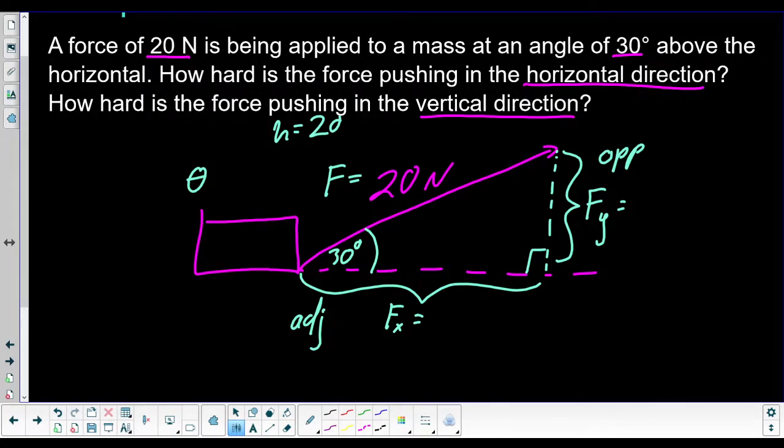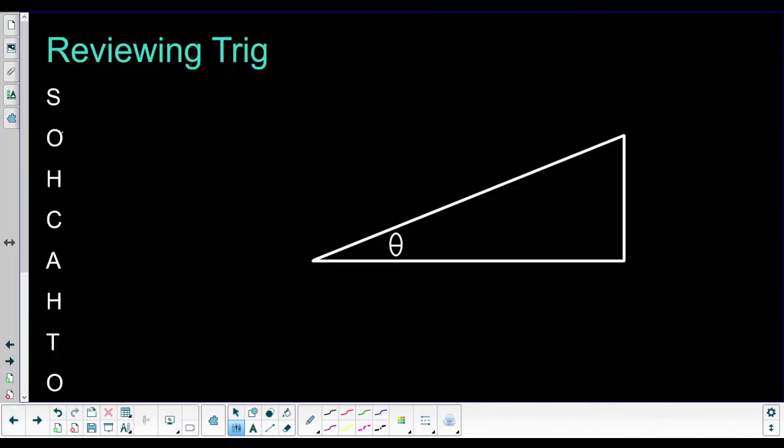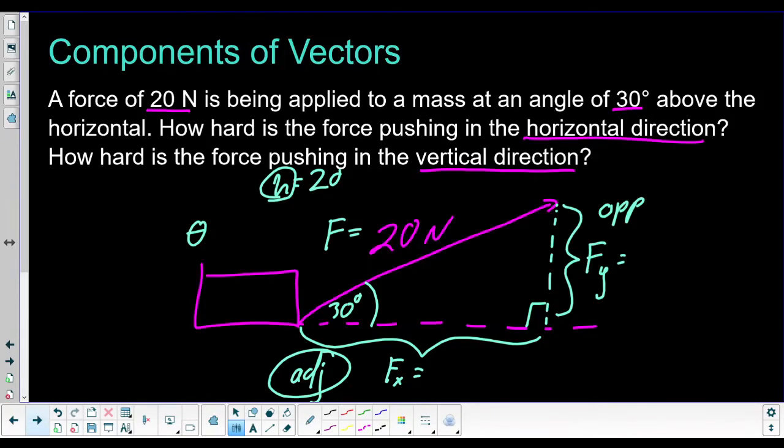So we need to ask ourselves, which trig operation uses adjacent, which is what we're looking for, and the piece of information we know, the hypotenuse. All right, so we go back to SOHCAHTOA. Some old hippie caught another hippie: adjacent, hypotenuse. We're using the cosine function.